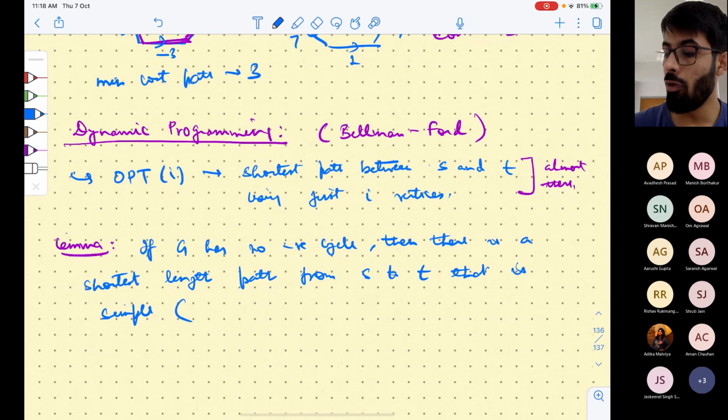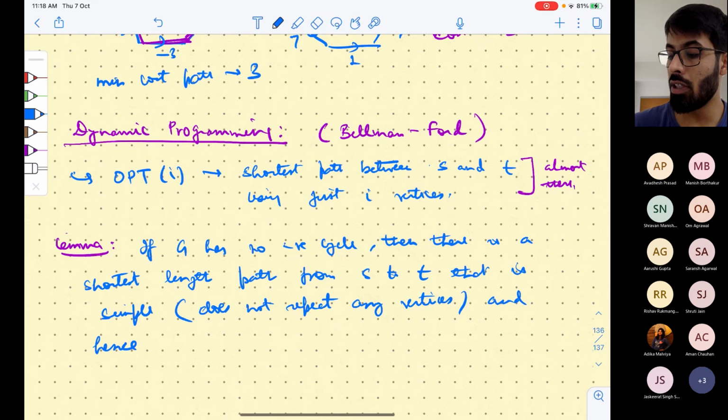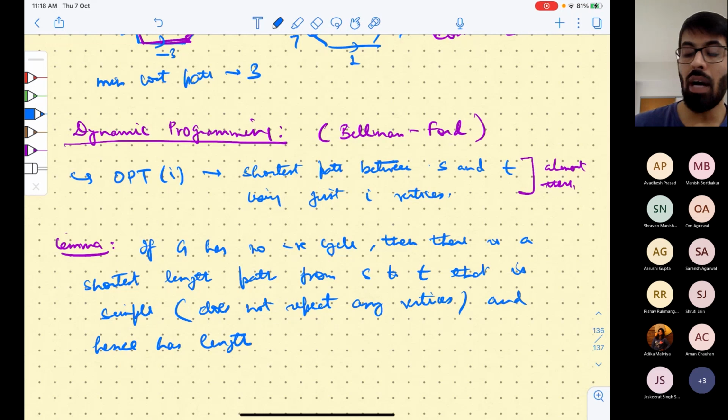And what do you mean by simple? Does not repeat any vertices, and hence has length. How much can its length be? If a path does not repeat vertices, then how many vertices can it have?